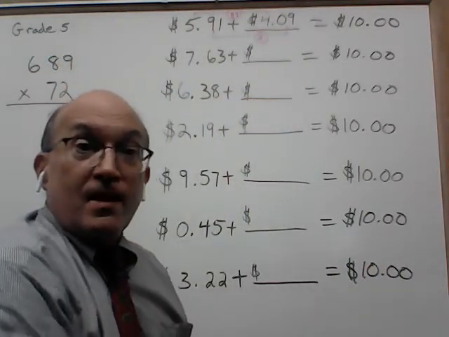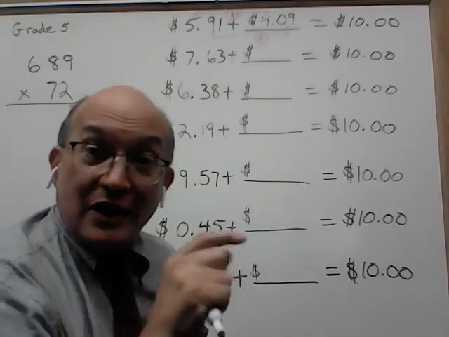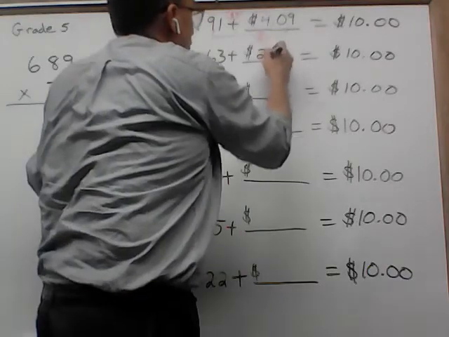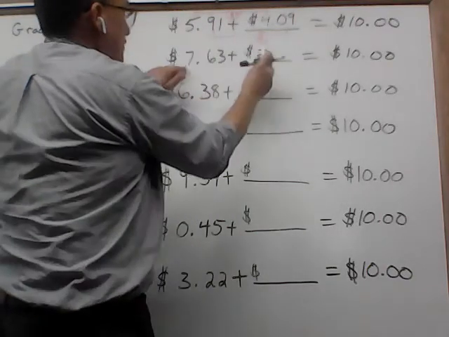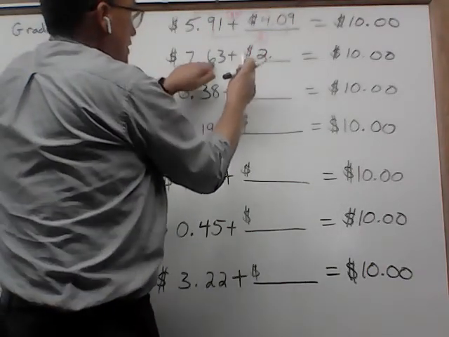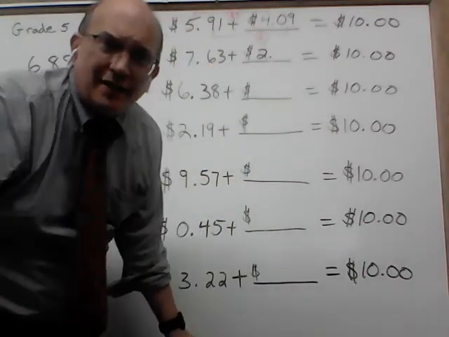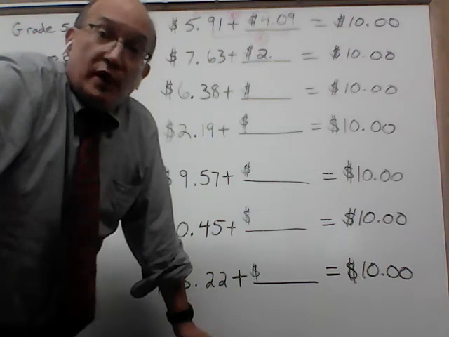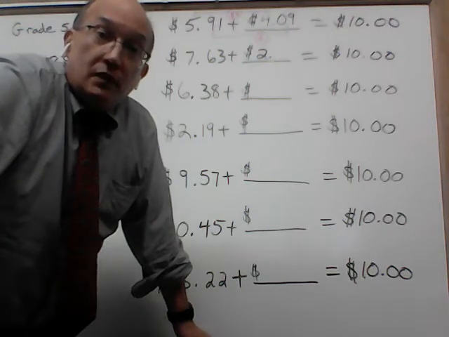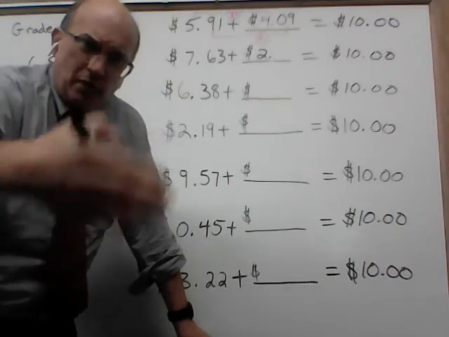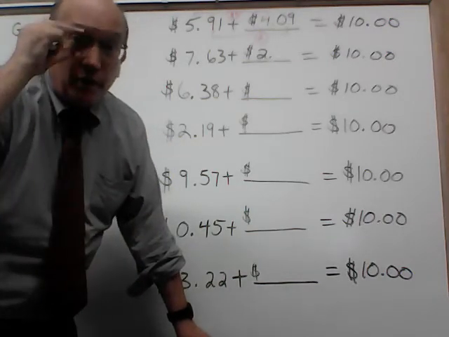$7.63. What do you add to $7 to get $9? You get up to $9. So, $2, right? 7 and 2 is $9. We need another dollar. We've got 63 cents. What do you add to 63 to get 100? 37? At some point, we'll do some of this in class, a little bit.